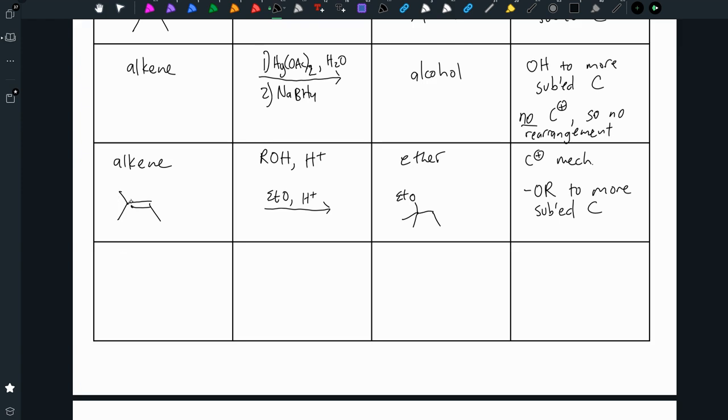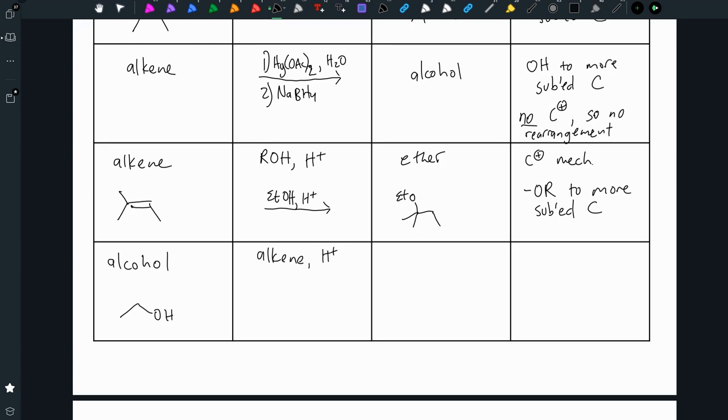I would have one entry for this reaction, starting with the alkene, listing the alcohol as my reagent. I could also start this with the alcohol and have an alkene and H plus as my reagents.